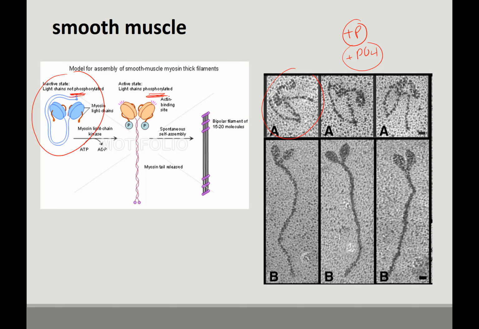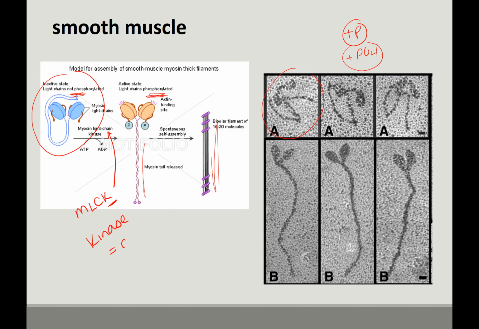When the myosin chain is phosphorylated, it straightens out, and now it can interact with actin. The key here, you'll see in your learning objectives, is MLCK, myosin light chain kinase.